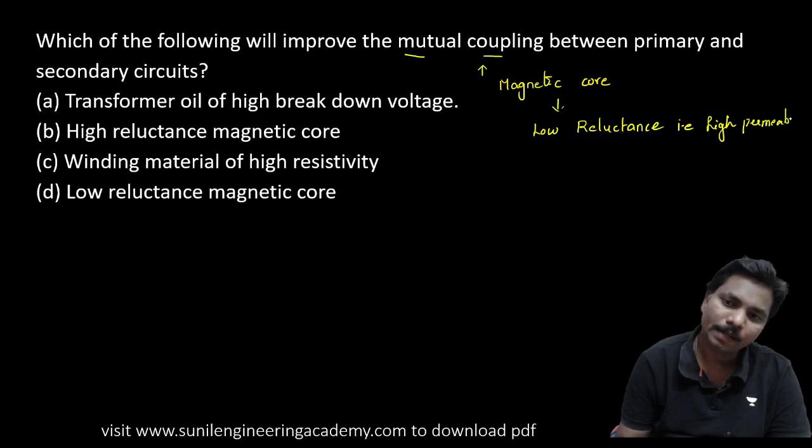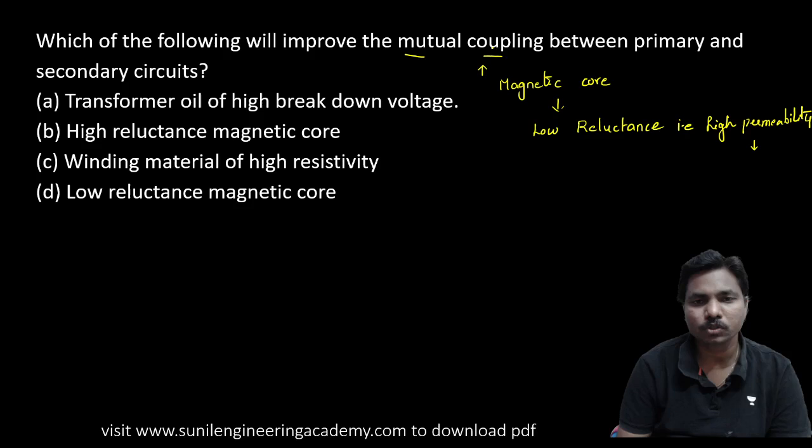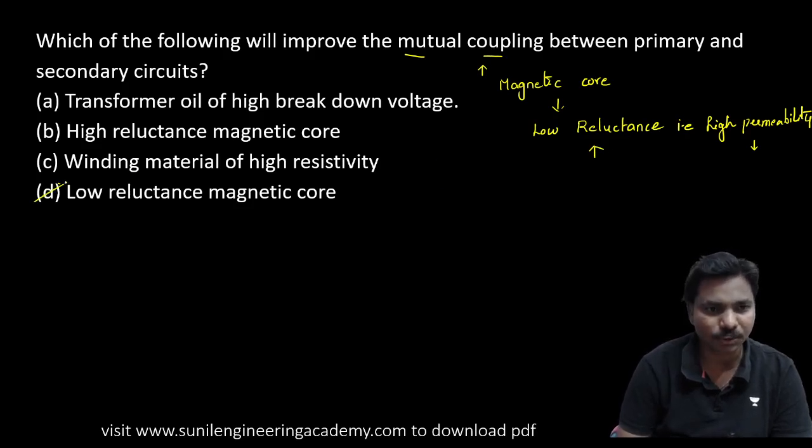Whenever it has high permeability, it can allow flux through it easily. So if you want any two windings to be perfectly mutually coupled, it must be coupled with a low reluctance magnetic core. So the answer is option D.